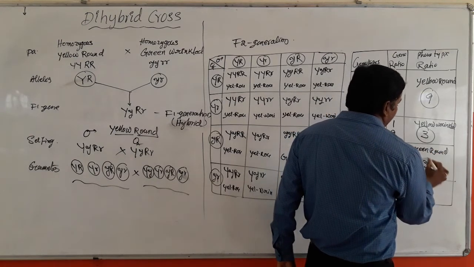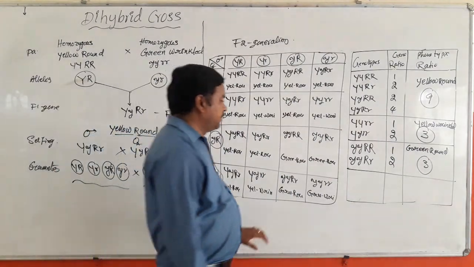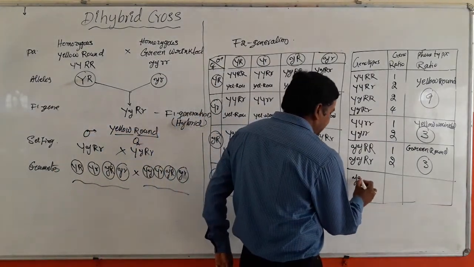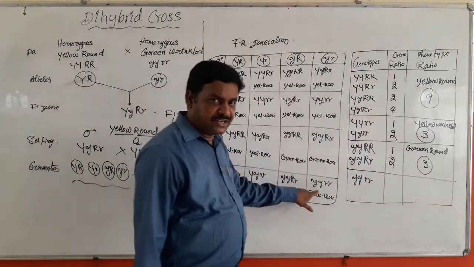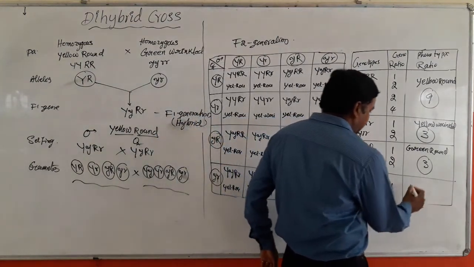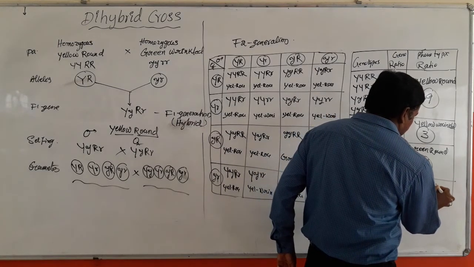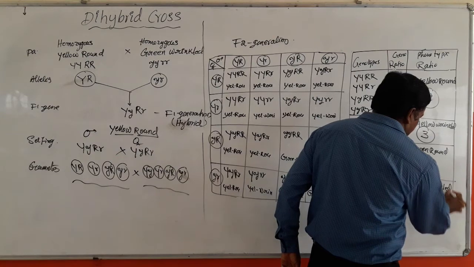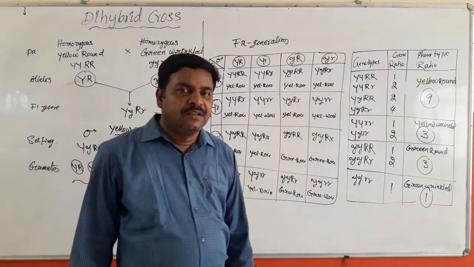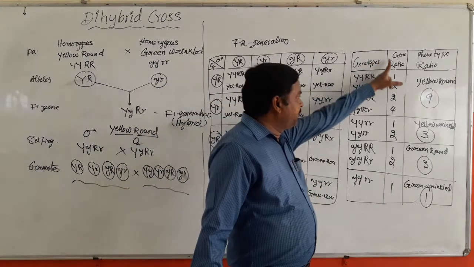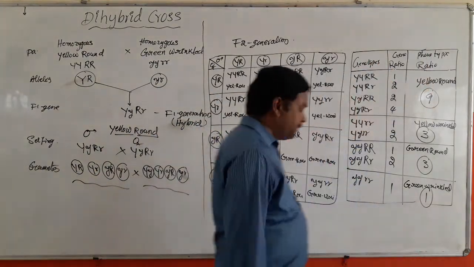How many green round plants are there in this list? Total 3. And how many genotypes are there for small y small y, small r small r? Only one genotype is there. This is green wrinkled. Only one plant is there.